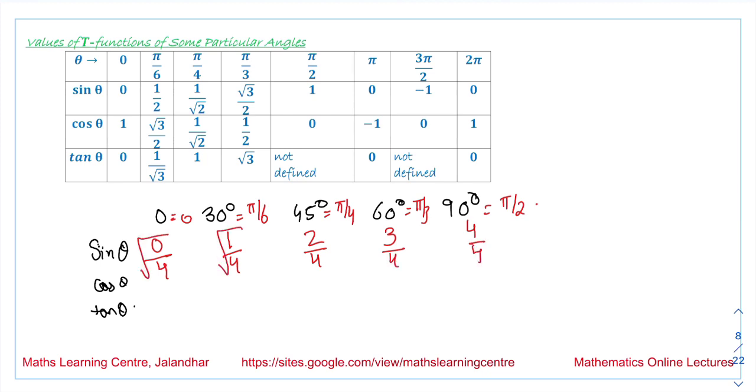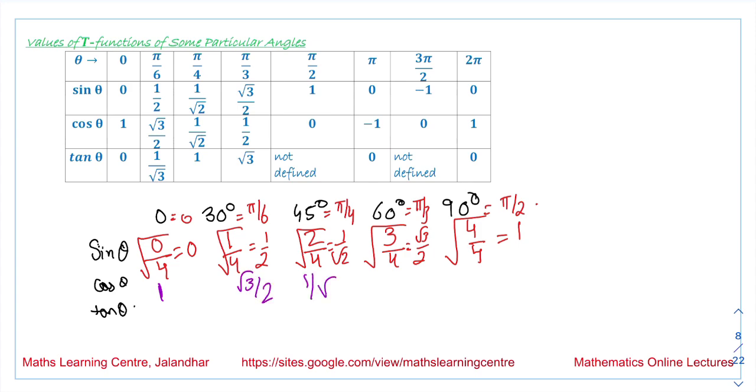Put the square root sign over here and the answers we obtain are 0, 1 by 2, 1 by root 2, root 3 by 2 and 1. Then the values of cos are 1, root 3 by 2, 1 by square root 2, 1 by 2 and 0.